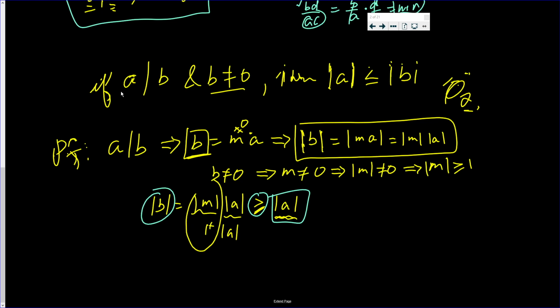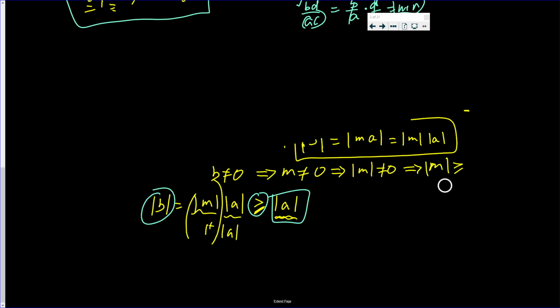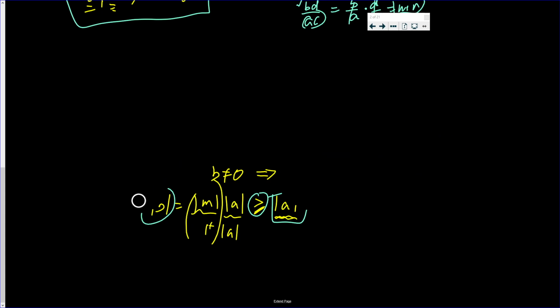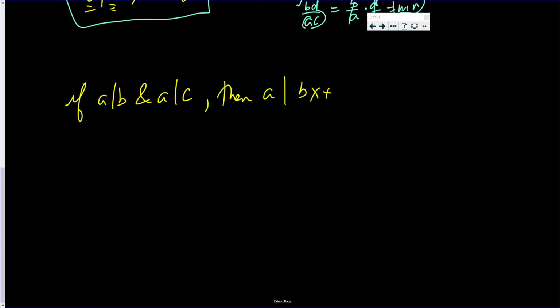Now, the next one is very important. And once again, it just comes from the definition. Nothing really magical. It says that if a divides b and a also divides c, then a divides bx plus cy for any x, y in the integers.